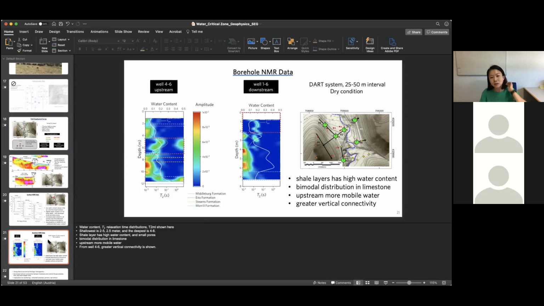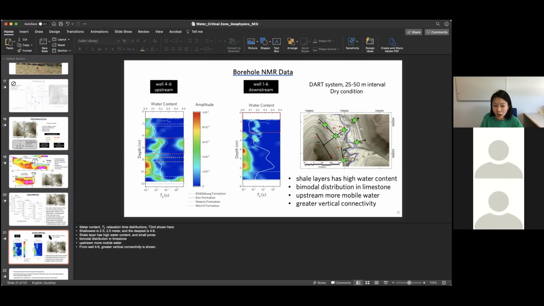I think the situation was that, remember, we went to the field during the very extended drying period. Because the limestone layers, which are on top and below the shale layer, have very large pores, and the residence time is quite short, they simply cannot hold the water for a very extended period.